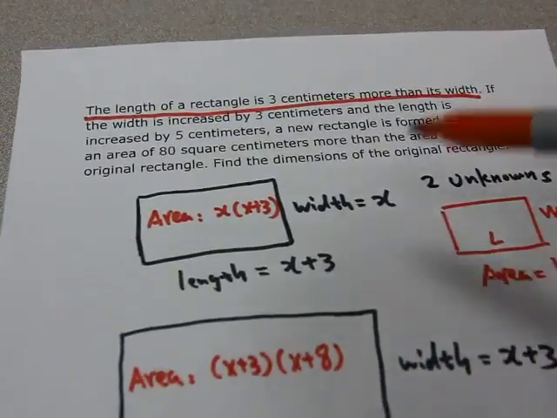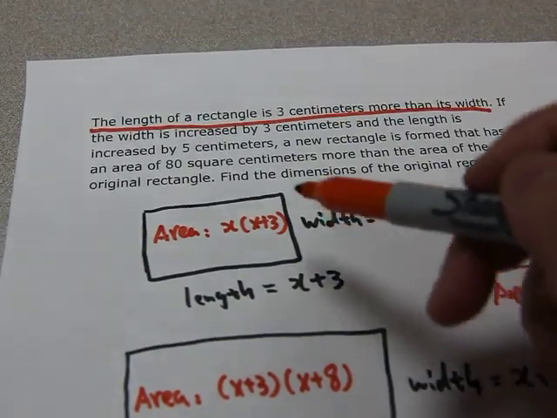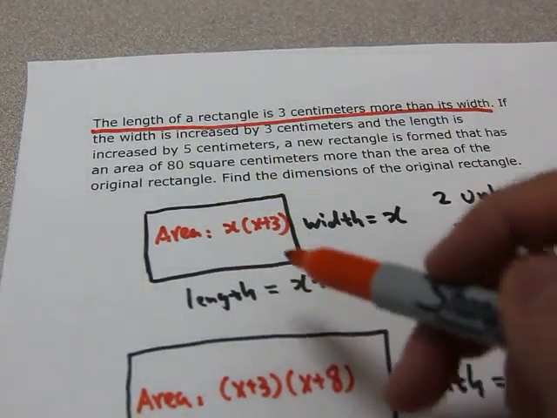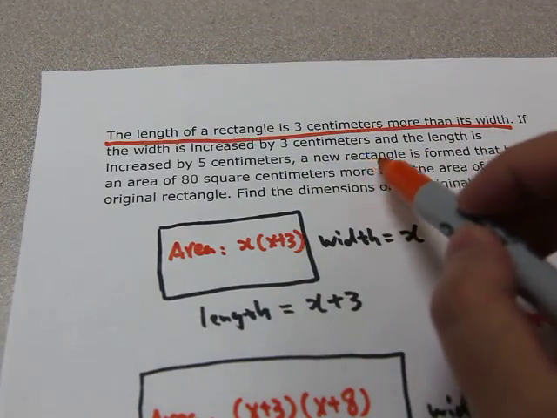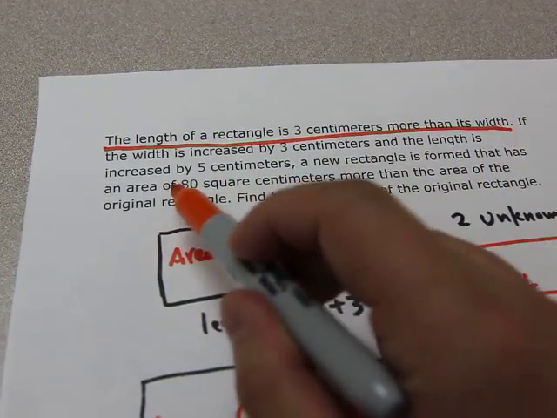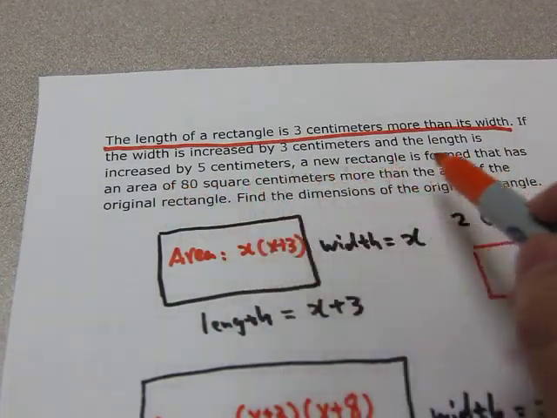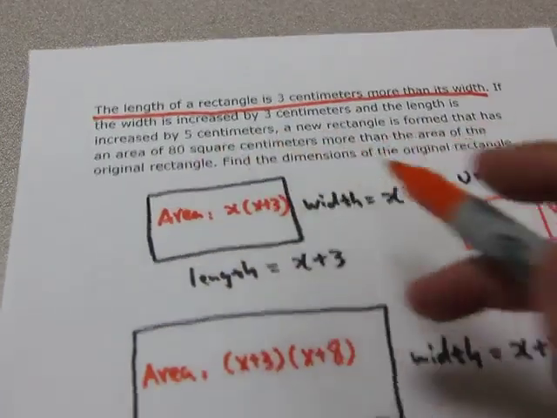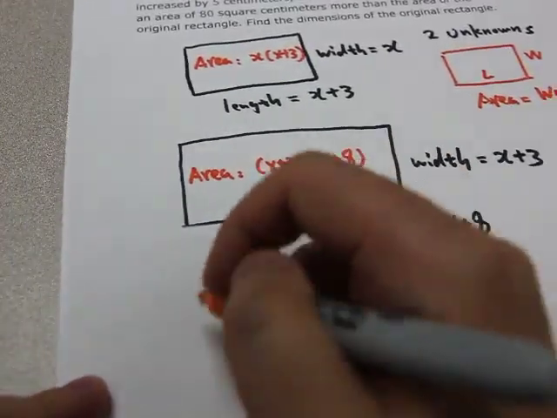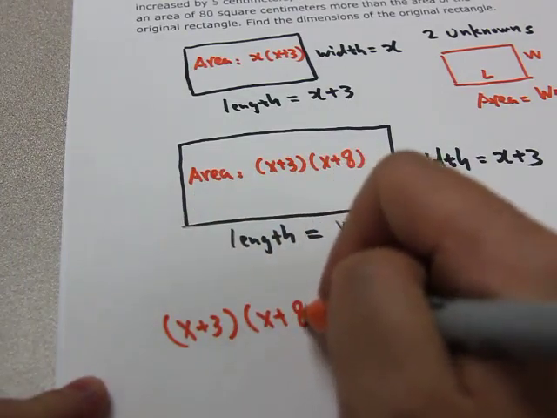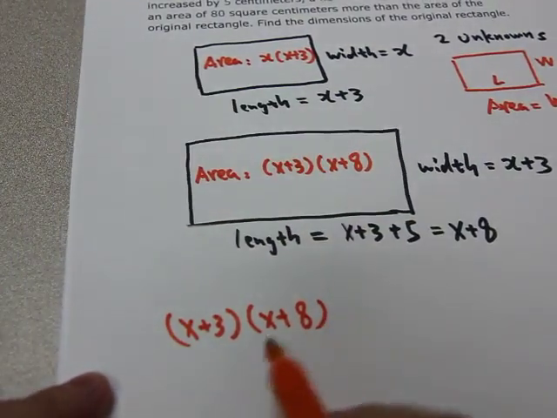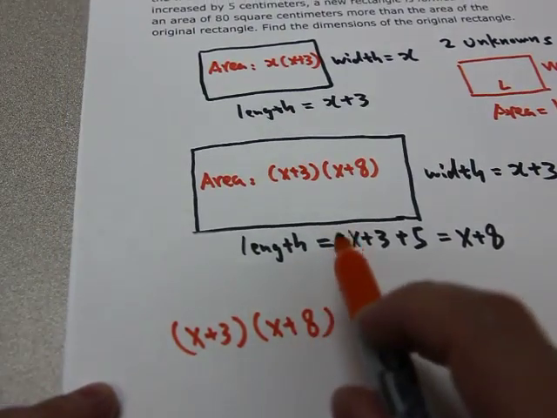Okay, let's take a look at what kind of relationship these two areas have. The new rectangle has an area of 80 more than the area of the original rectangle. So x plus 3 times x plus 8 is the area of the new rectangle.